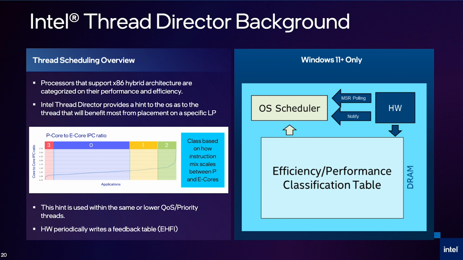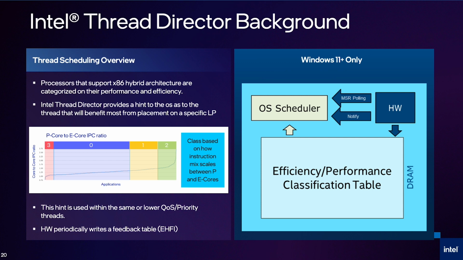An instruction class of 2 would be a thread that had a high amount of AVX or SIMD code, while a class 3 would be a thread that had user mode waits in it. This is how Windows then figures out which cores fit best with the type of instructions that are currently executing. Intel's Thread Director only works on Windows 11 and above.